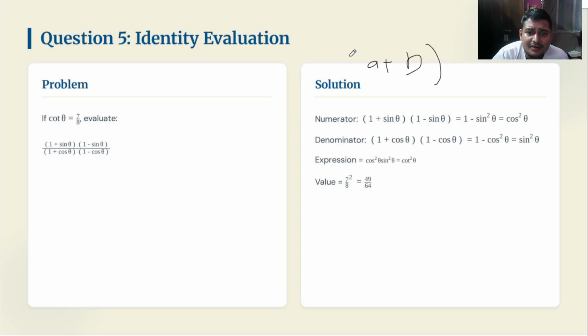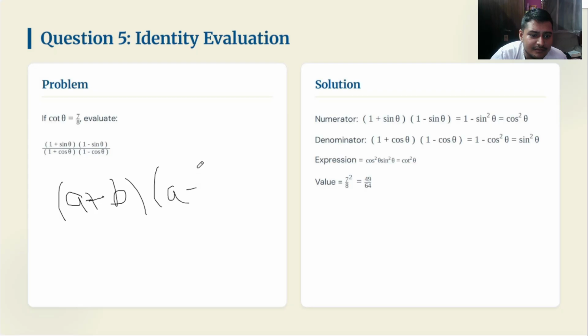It can be written as A plus B multiplied by A minus B. We know the value of this relation is A square minus B square.